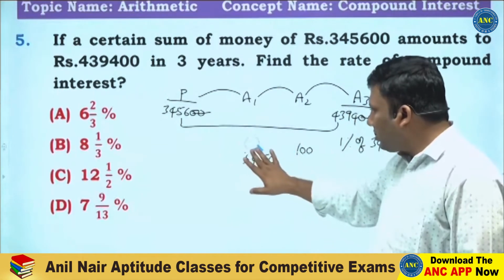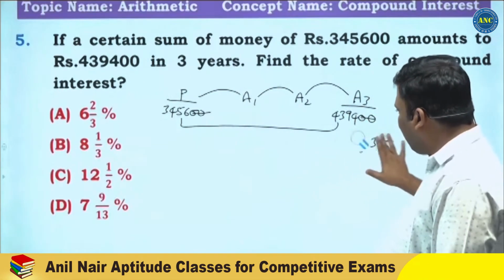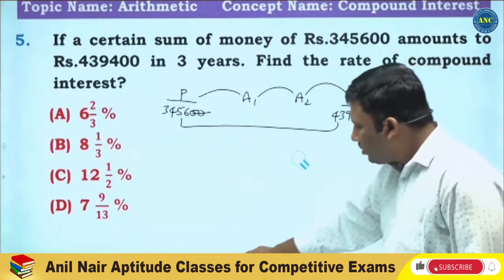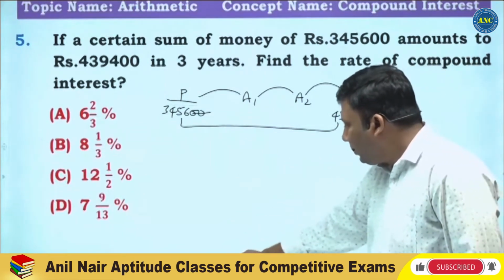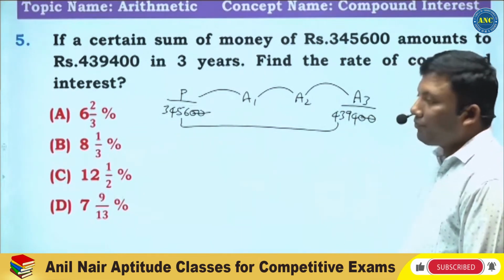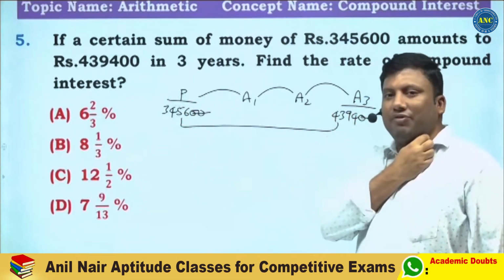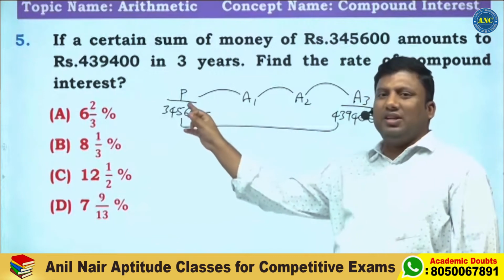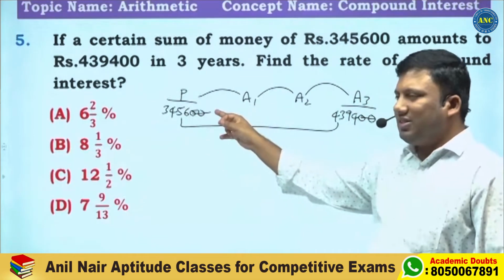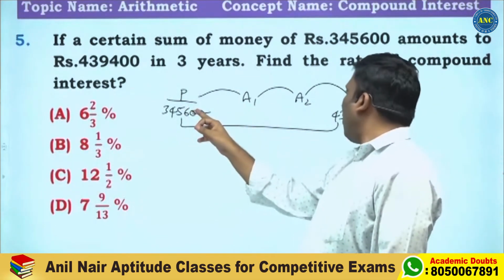Now what we'll do is, can we eliminate it by using the answer options? That is what I am thinking. Now if you see here, 3456, 3456, 4394. What is 50% of 3456? It is 17.